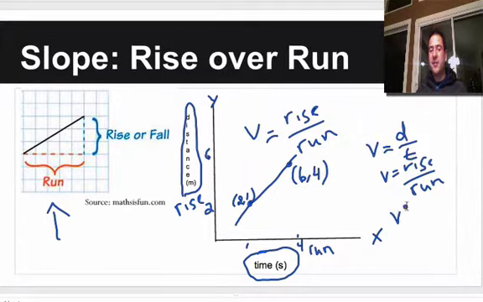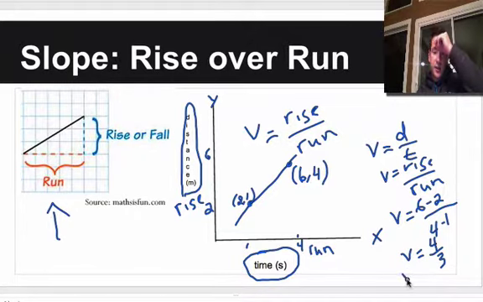It's the interval of time. My rise was from 6, and then I have to go minus 2, because those are the points on the graph. And then we have 4 minus 1, so my velocity is going to equal 4 over 3. Then I would divide that and get a calculation, and that's going to determine my velocity.